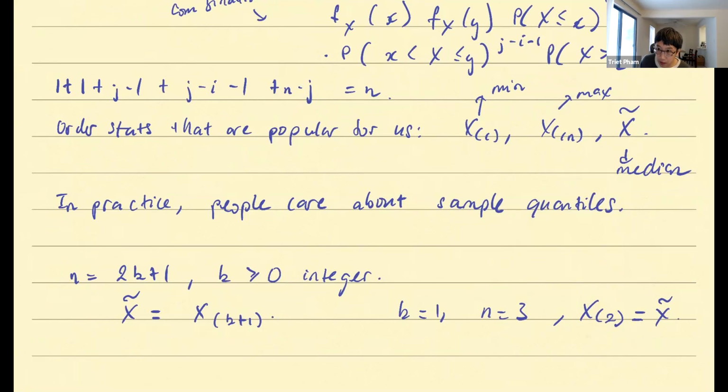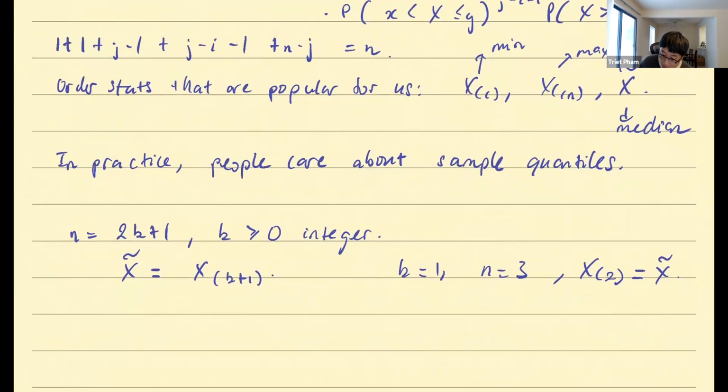Now, what is the density of the median? Well, because the median in this case is an order statistic, you can just write it down. And actually, if you care, you can draw the picture. This is the x value right in between, and then there are k values right below it and k values above it.